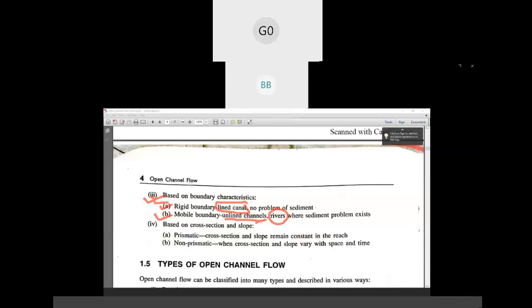And rigid boundary, if you fix the boundary of the channel, suppose you have constructed an irrigation canal, you excavate the earthwork, then you fix this shape by providing some brick wall, or by providing some concrete. So those are called lined canal. That means you are fixing the boundary. And what are the advantages and disadvantages, those things we are also going to discuss in the next unit.